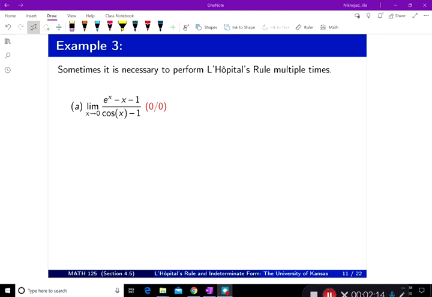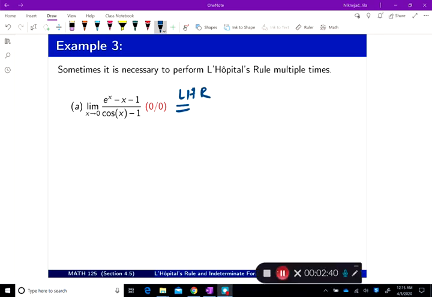Here, the limit as x approaches 0 of (e to the power x minus x minus 1) over (cosine of x minus 1). If I plug in, I get the 0 over 0 form. So let's try to do L'Hopital rule.